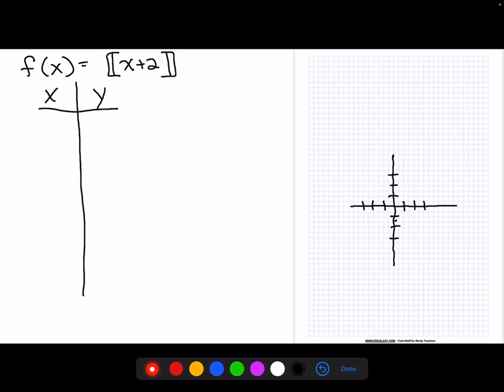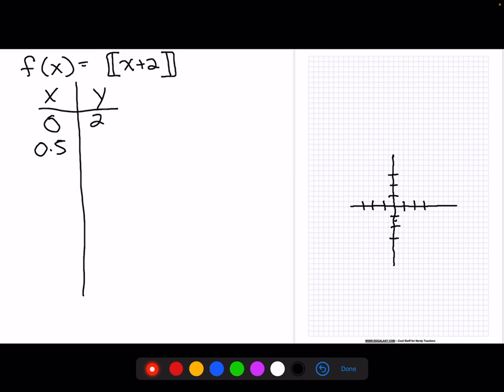All right, let's say you plug in 0. 0 plus 2 is 2. And if you get back an integer, then it just equals that same integer. Let's say you plug in 0.5. You get 0.5 plus 2 is 2.5.